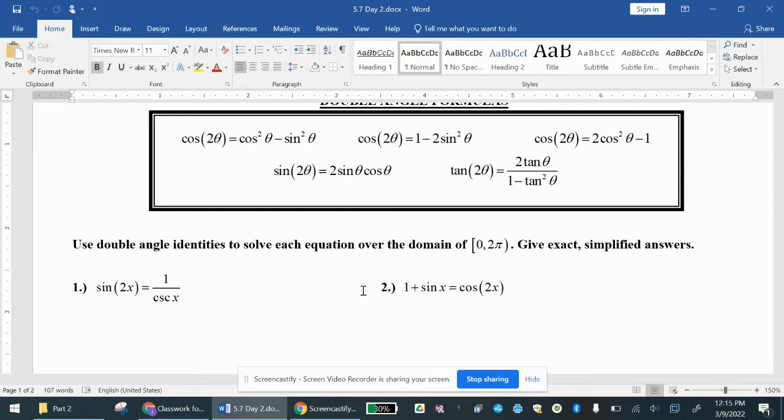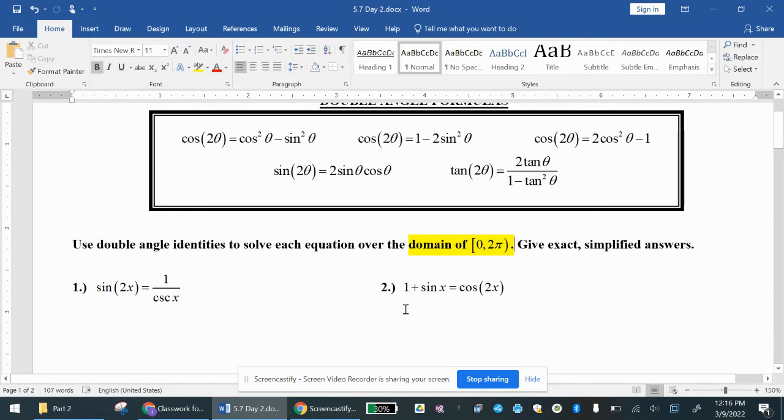All right, take a minute to read the directions for the first two problems. Okay, so the first thing I want you to notice is they're asking you to work within a domain of 0 to 2 pi.